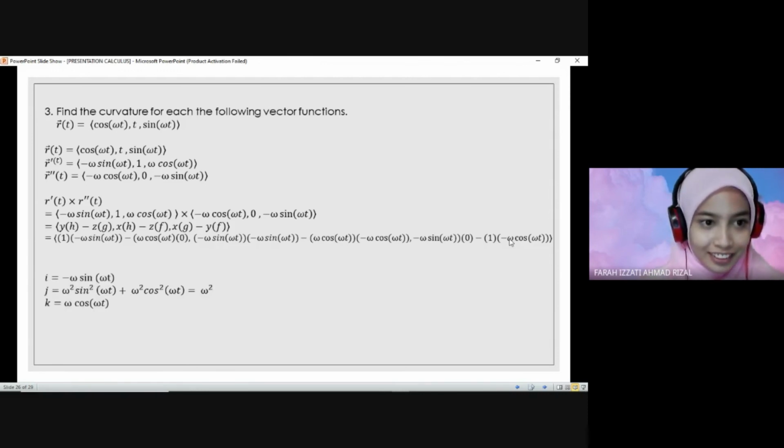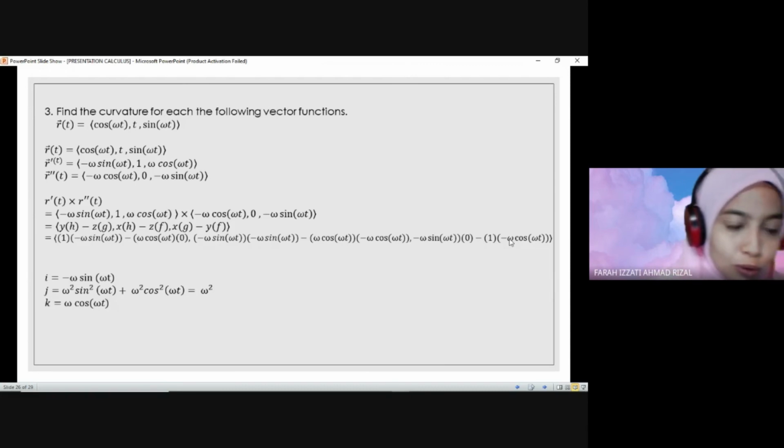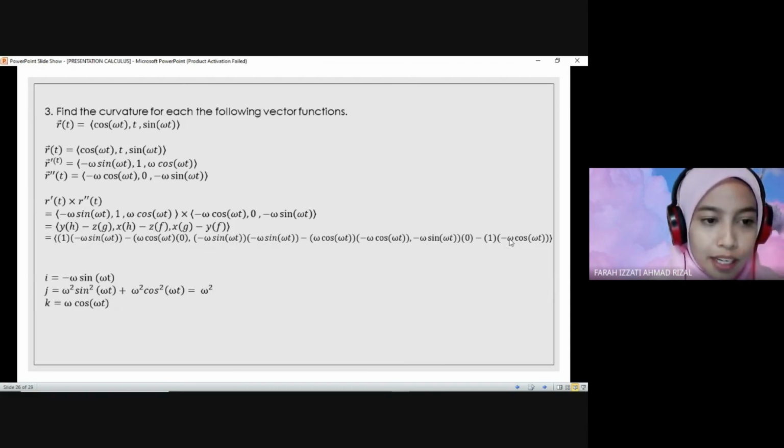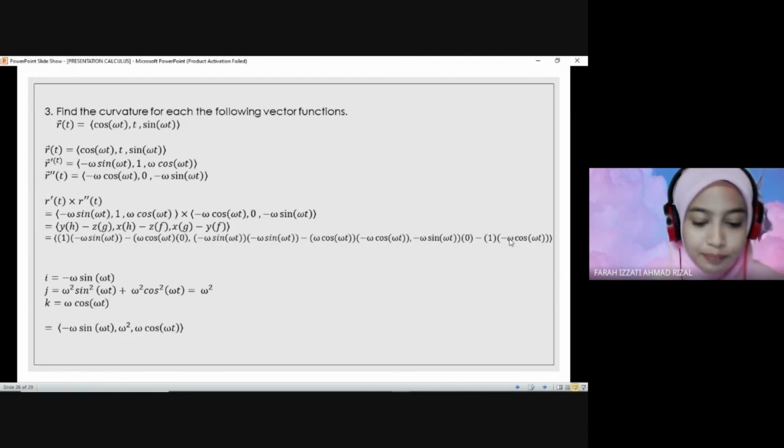Next, i equal to negative omega sine omega t, j equal to omega squared, and k equal to omega cos omega t.